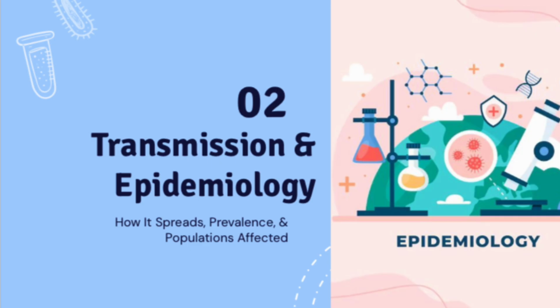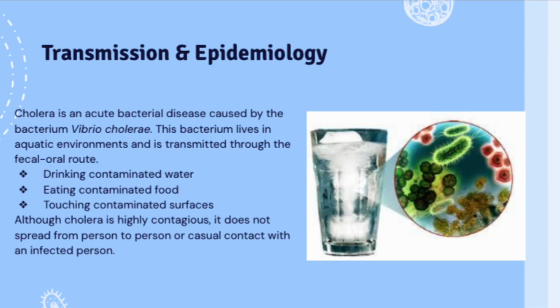Transmission and epidemiology. As we heard before, cholera is a disease caused by the bacterium Vibrio cholerae. This bacterium lives in aquatic environments and is transmitted through the fecal-oral route. This means that it is spread when the pathogen from an infected person's feces passes into another person's mouth.